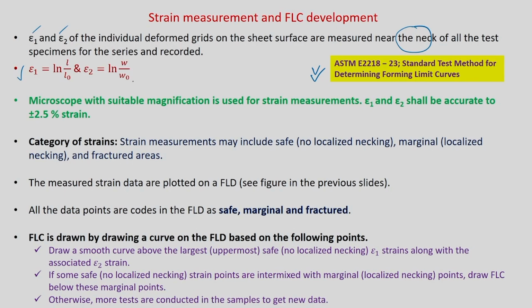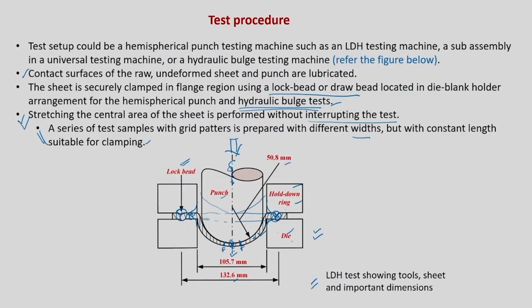Now when you are measuring these limit strains, you can use a microscope with suitable magnification. The only thing is, this is a curved, bent sheet. The deformation is actually out of plane; this type of test is called out of plane deformation. Suppose you want to measure a grid here on the surface.